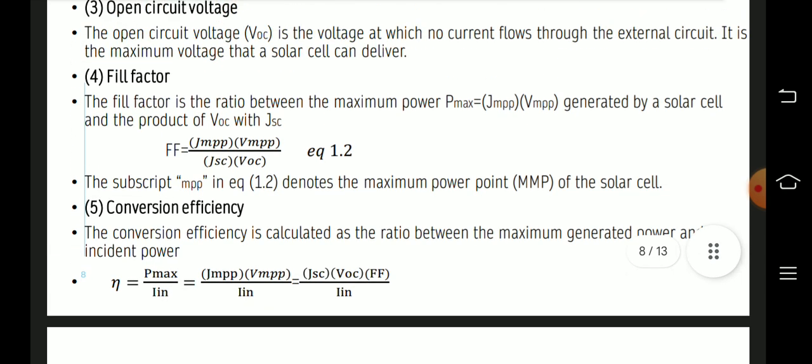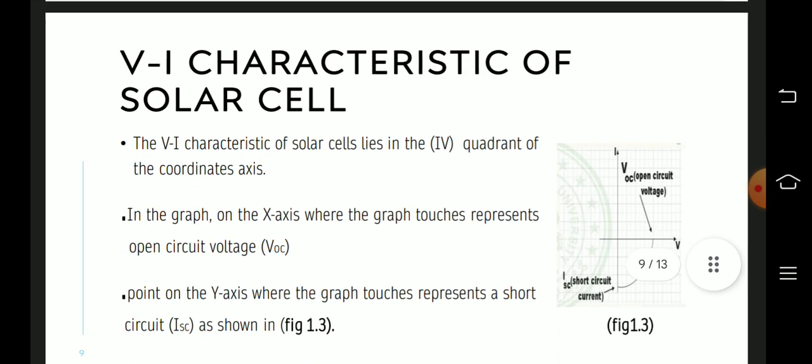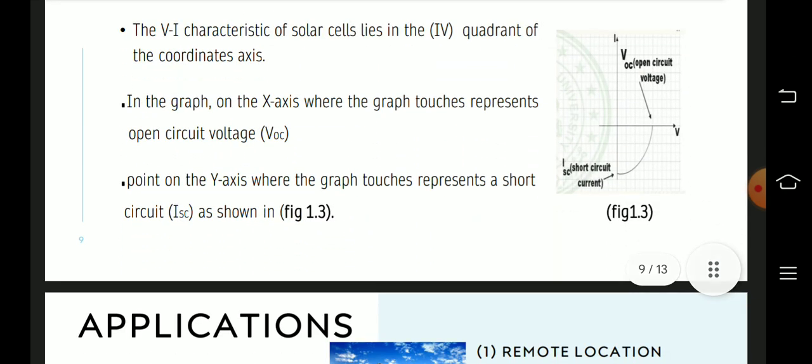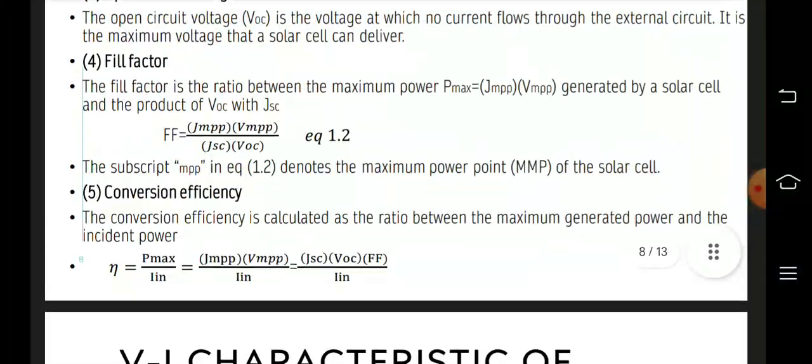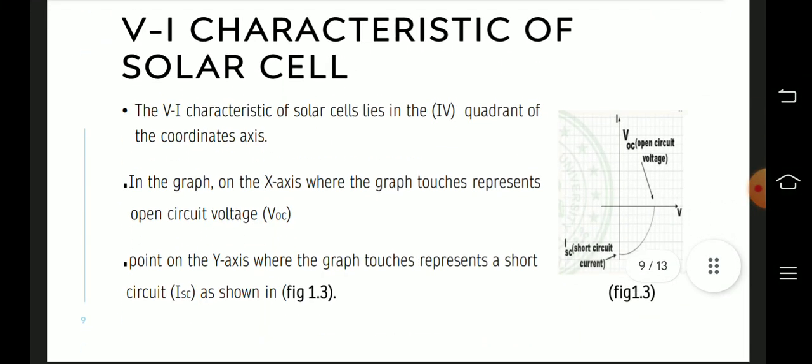We know that the product of voltage and current is power, and the product of VOC and JSC is where the graph cuts the y-axis and x-axis. This is the ratio, the fill factor.